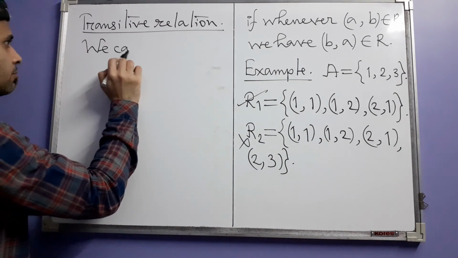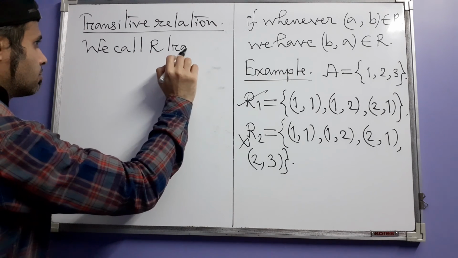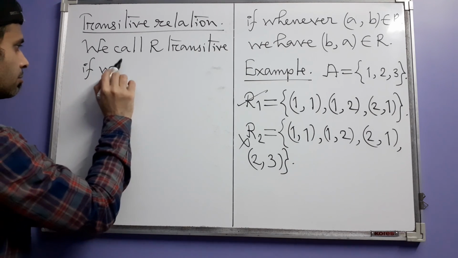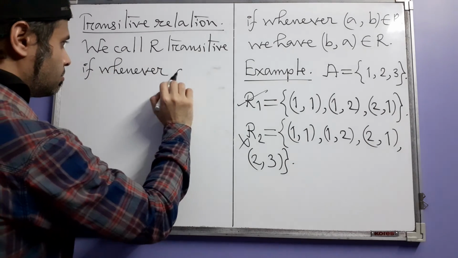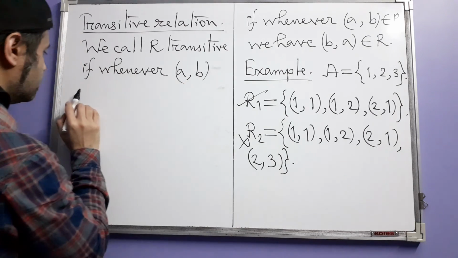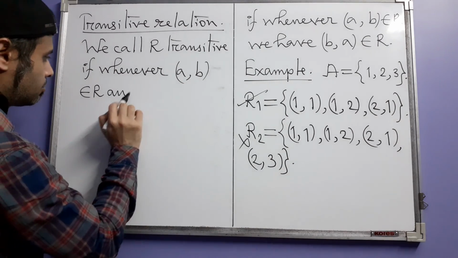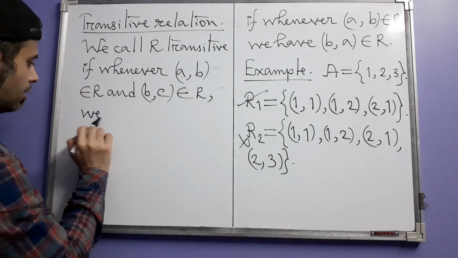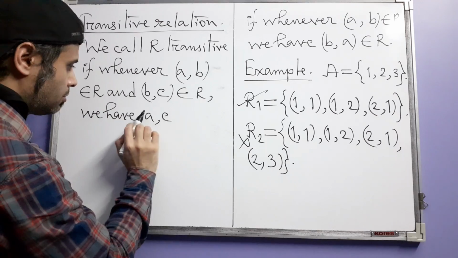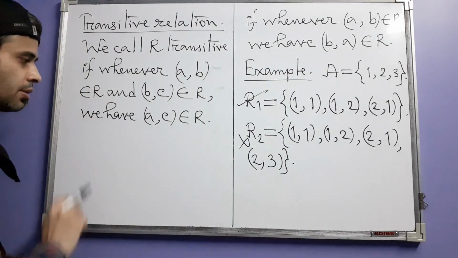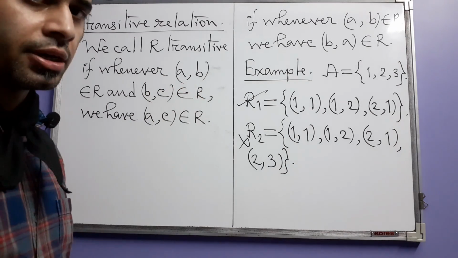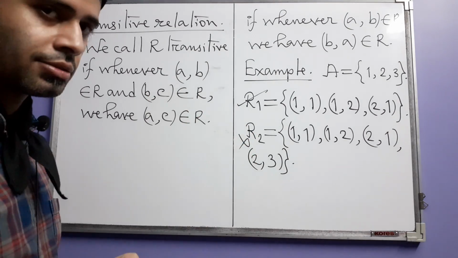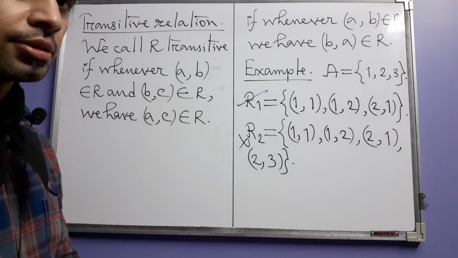We call R transitive if whenever a comma b belongs to R and b comma c also belongs to R, we have a comma c in R. If this happens for any two such ordered pairs where a comma b and b comma c both belong to R and a comma c belongs to R as well, then we call R a transitive relation.